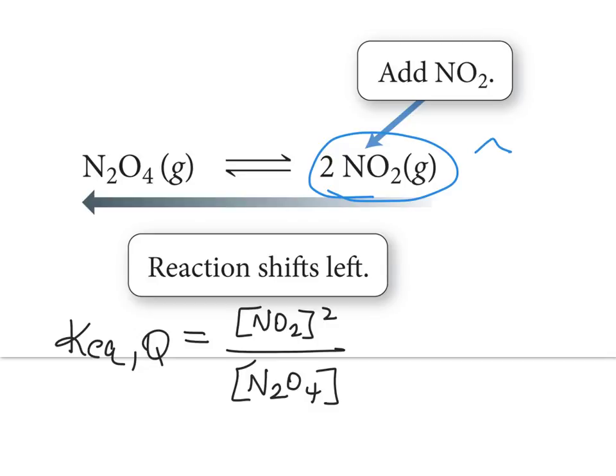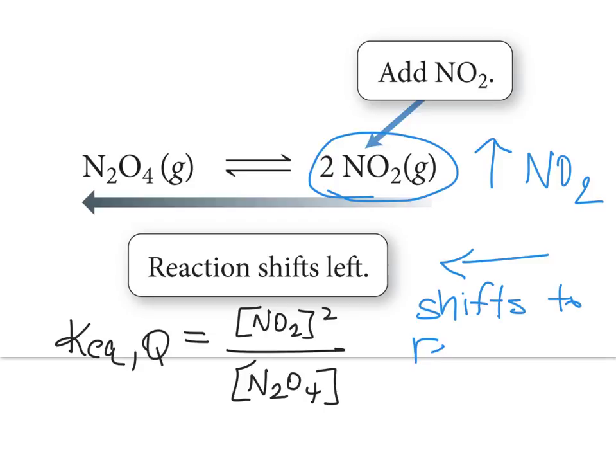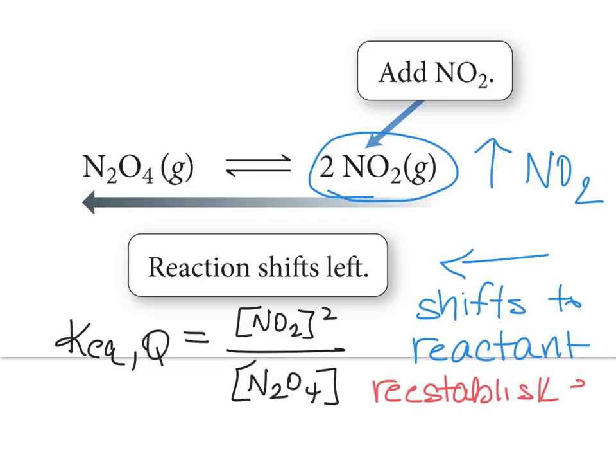So we've increased the amount of NO2. So what's going to happen here is that the reaction is going to shift back to produce more of the reactant. So it shifts to reactant. And this is done to reestablish equilibrium.